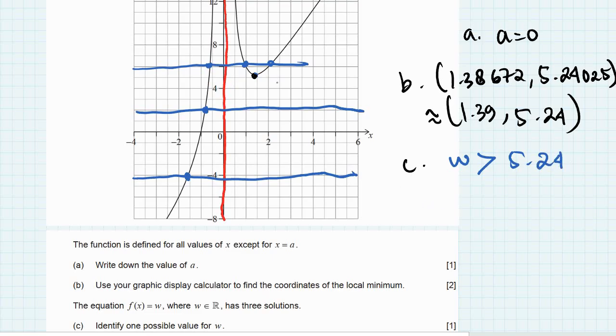Once again, if it is 5.24, we only have two solutions. But if it is more than that, we have three solutions.